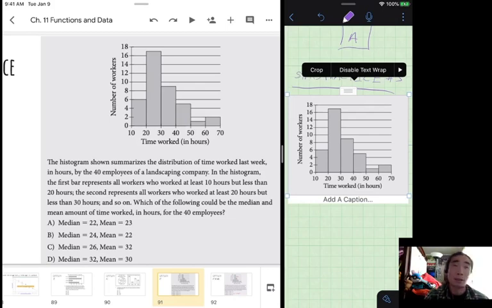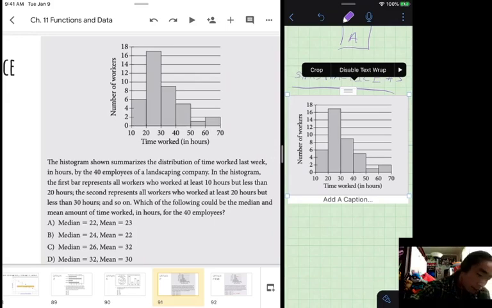This histogram doesn't tell us that. It just tells us that there are 17 workers that worked between 20 to 30 hours. But there's still some order, so we can still figure out stuff about the median, and all the numbers are in fact represented, so we can figure out where the mean is.